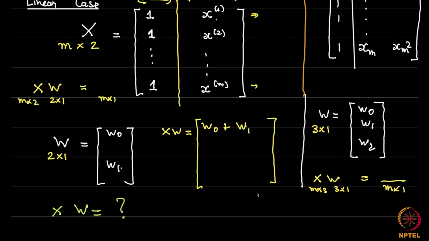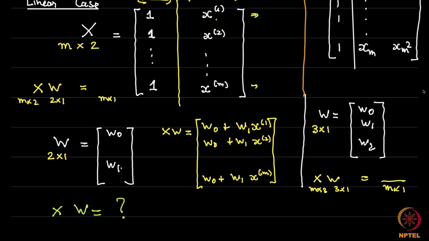So this is W0 plus W1 X1. Now, what does this remind you of? Let me just do it once more. Let's look at the second row, W0 plus W1 X2. And the last one is W0 plus W1 XM.